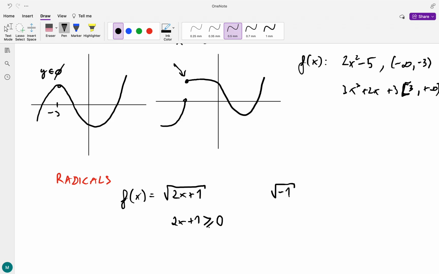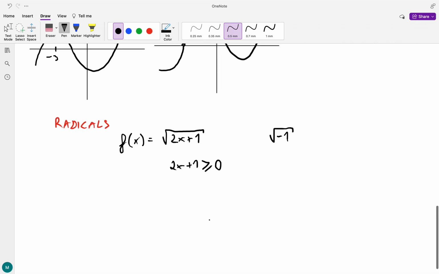We can have a radical of 0. That's perfectly fine, but we can't have any negative numbers underneath the radical. Now you can see why we started working with solving linear equations and solving inequalities first before we started working with functions.